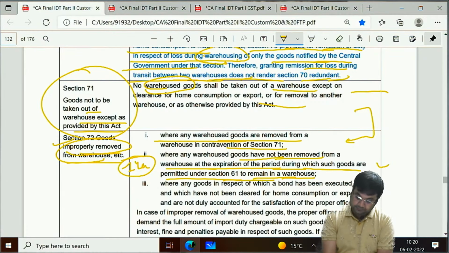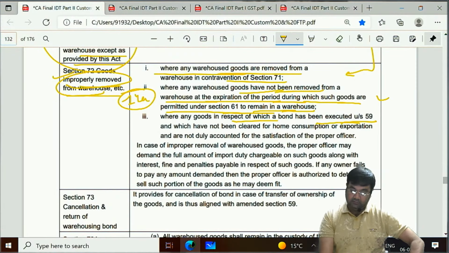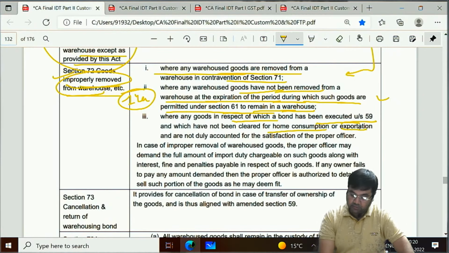from the warehouse. Where any goods in respect of which a bond has been executed under section 59 and which have not been cleared for home consumption or exportation and are not duly accounted for to the satisfaction of the proper officer. So not cleared for home consumption or exportation, or there may be any other reason, the proper officer is not satisfied.